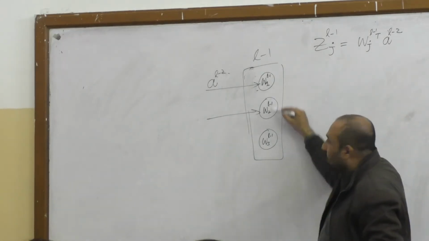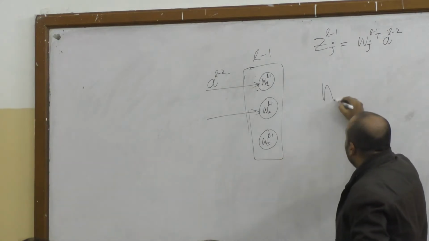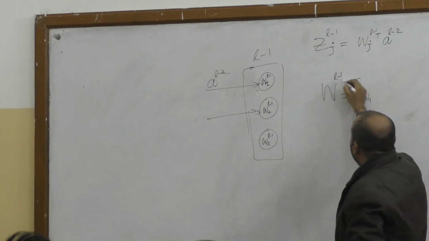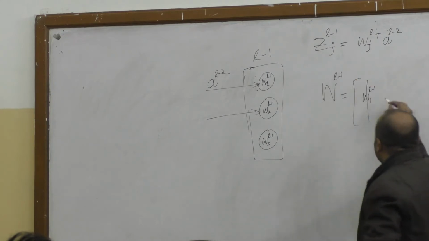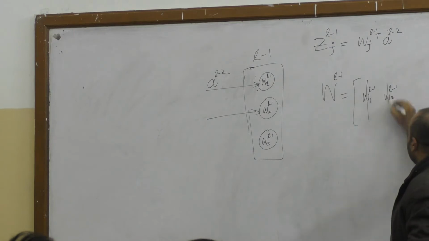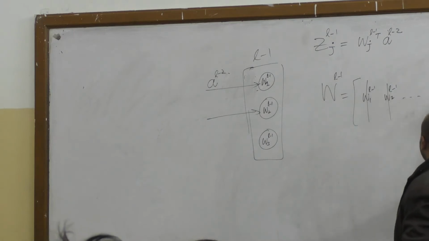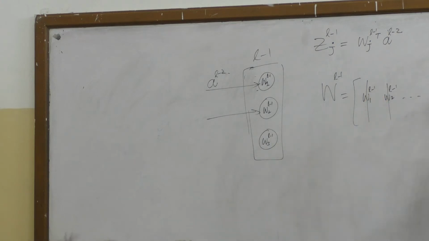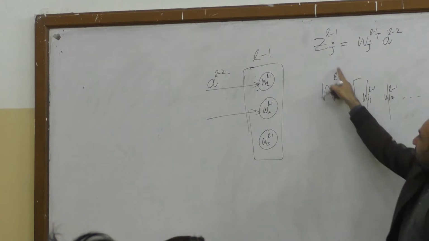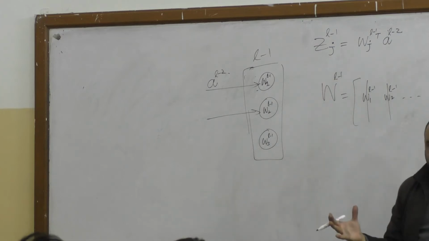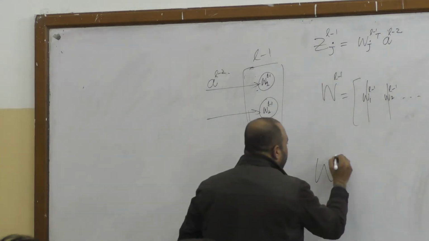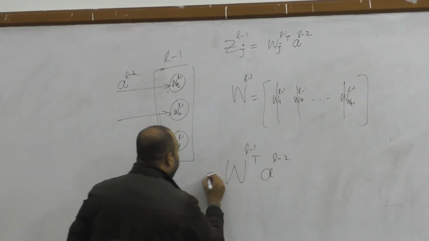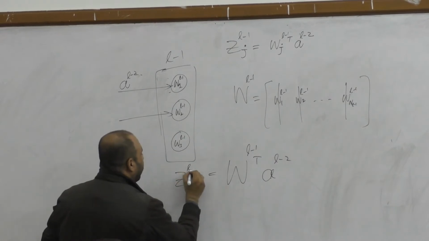If I write all of these in one big matrix, where the matrix is W1 L minus 1, that's a column, W2 L minus 1, that's a column, and Wn L minus 1, for as many nodes as there are, that's a column. If I call this W matrix, then W L minus 1 transpose times A L minus 2 will give me Z L minus 1.